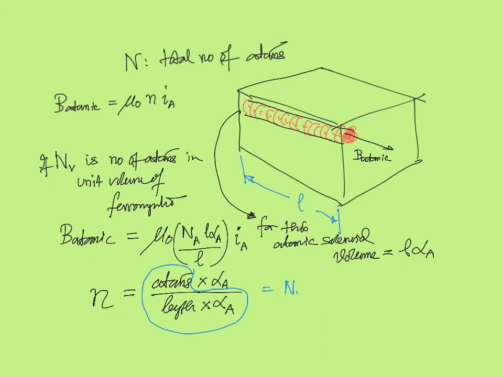So that is NV multiplied by alpha A. That is what you get here, divided by length. Therefore B atomic is equal to mu 0 NV alpha A IA. So B atomic happened to be mu 0 NV IA alpha A. So IA into alpha A is mu A.